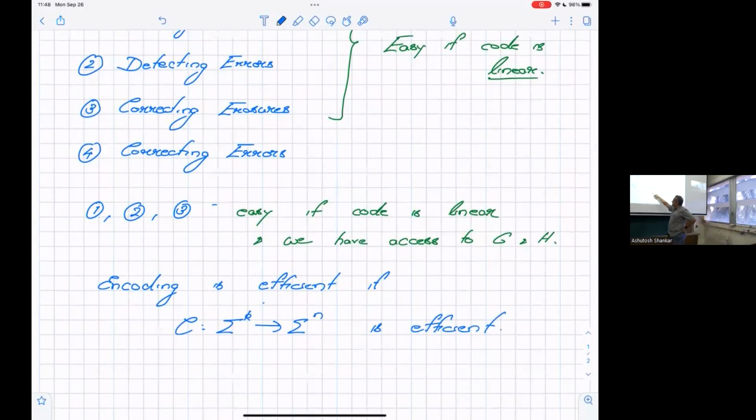Usually we refer to a code as a subset of this. Sometimes even this mapping is called the code. So sometimes we'll abuse terminology: sometimes we call this mapping the code, and sometimes just the image of this mapping the code.